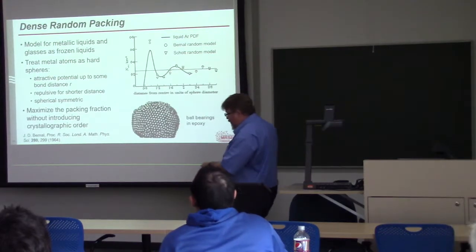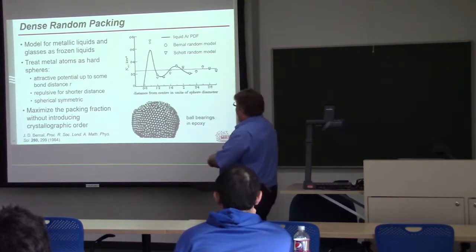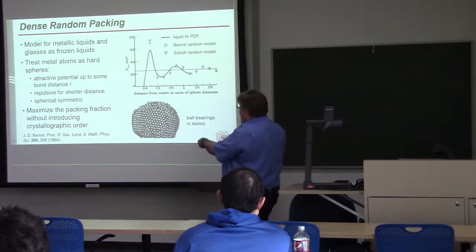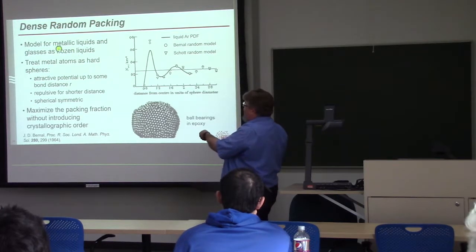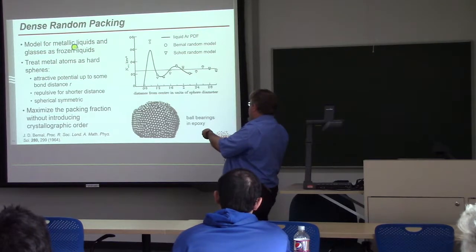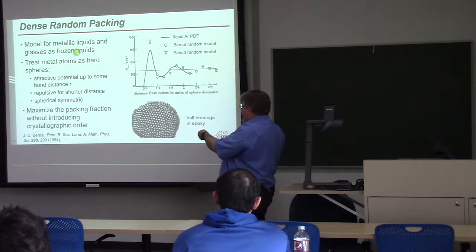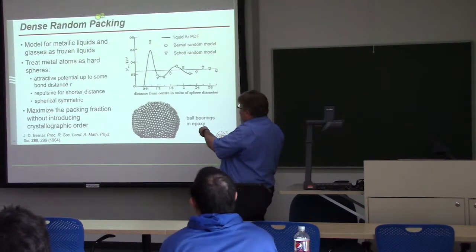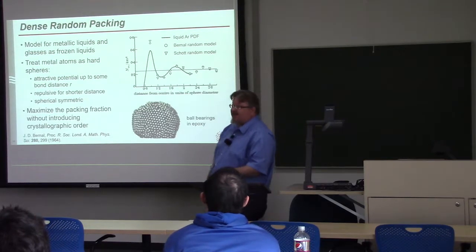So the first model for the structure of metallic glasses was inherited from ideas around the structure of metallic liquids that were developed in the 50s and 60s. And the model is dense random packing of spheres.